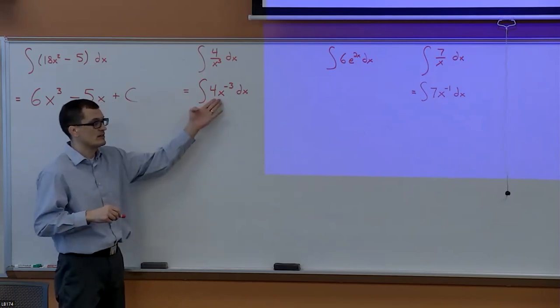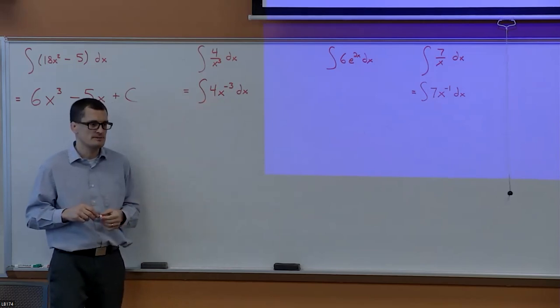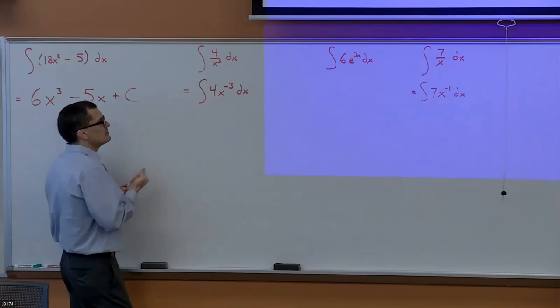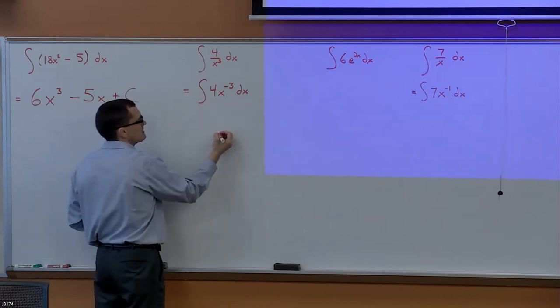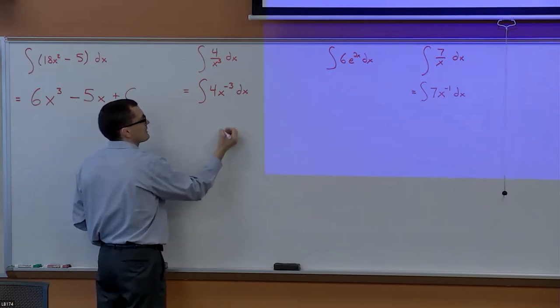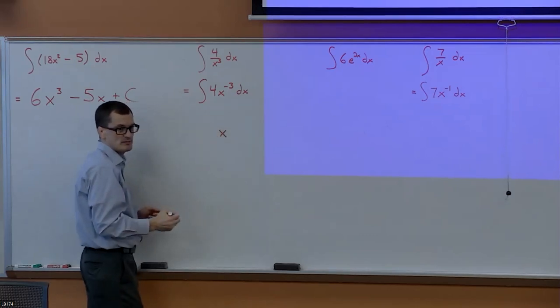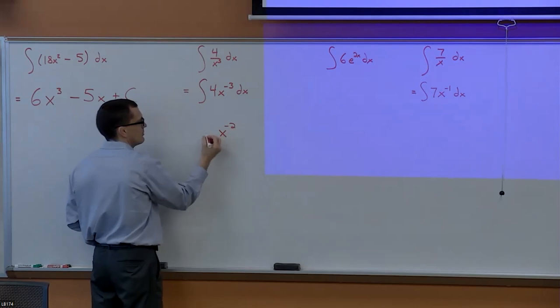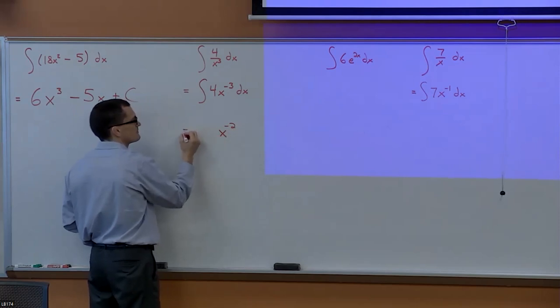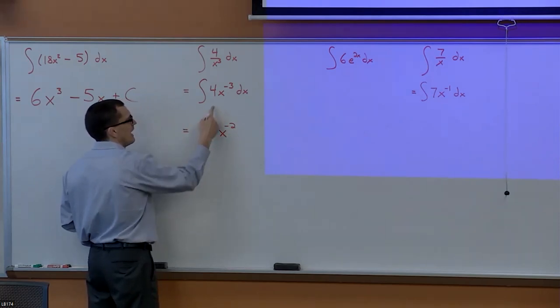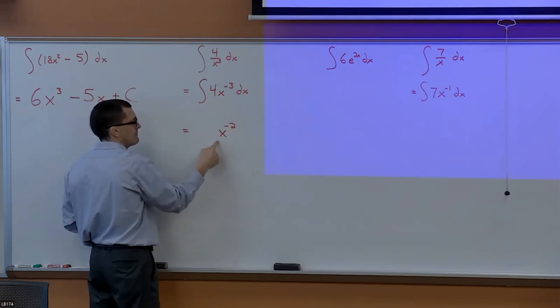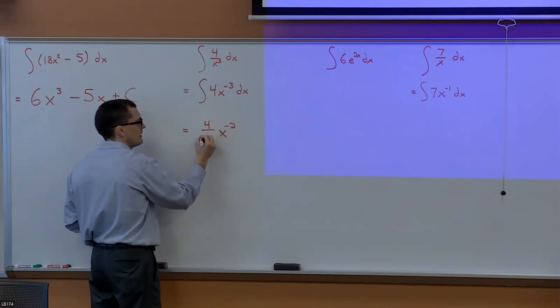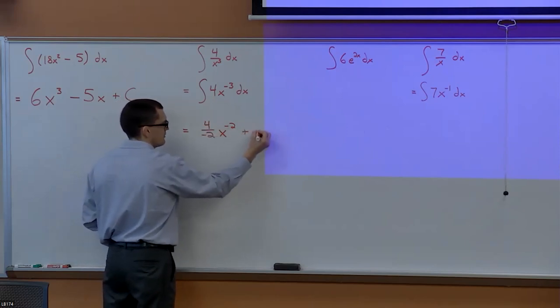But it also works with stuff like this, which is not a polynomial. So the x to a power rule says, I'm going to increase that exponent by 1. So negative 3 plus 1 becomes a negative 2. And then I'm going to divide by my new exponent, which is a negative 2. So I'm going to take 4 divided by negative 2.